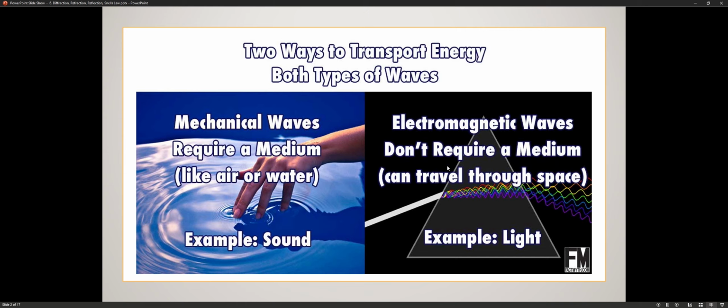Electromagnetic waves, on the other hand, don't require a medium. For example, light. Light waves are electromagnetic waves, as are X-rays, ultraviolet rays, infrared rays, and radio waves. They're all electromagnetic waves and do not require a medium.